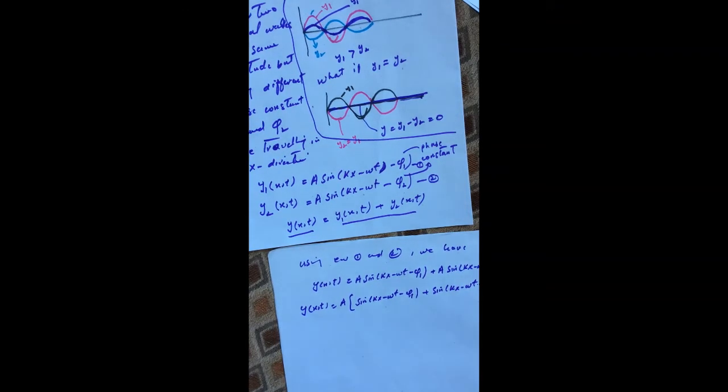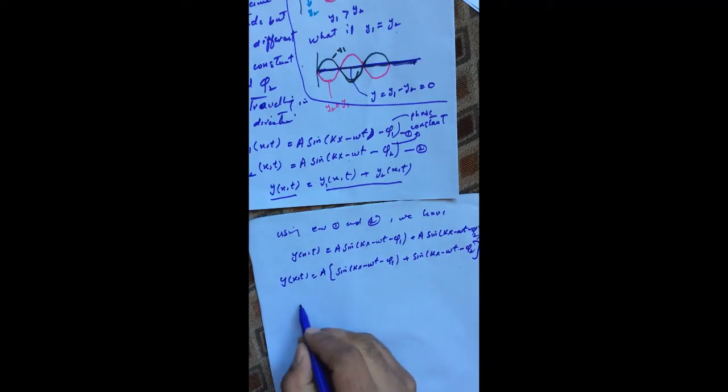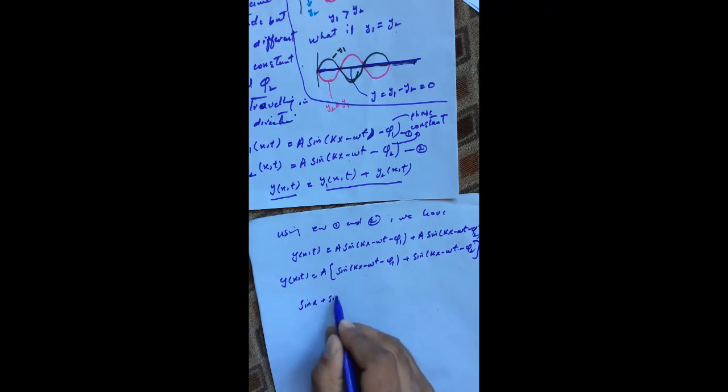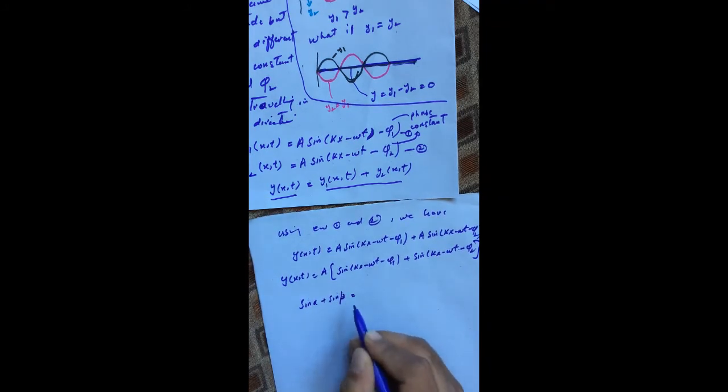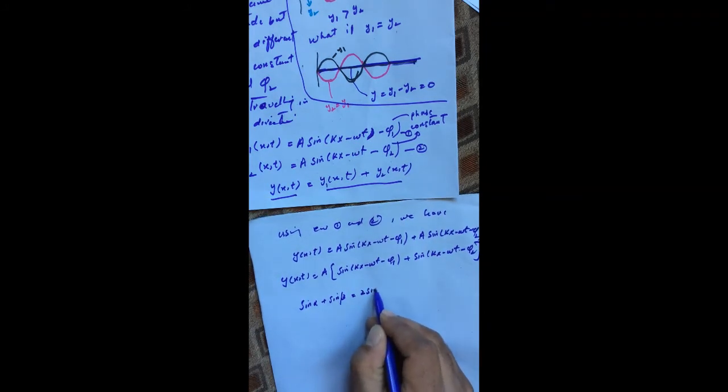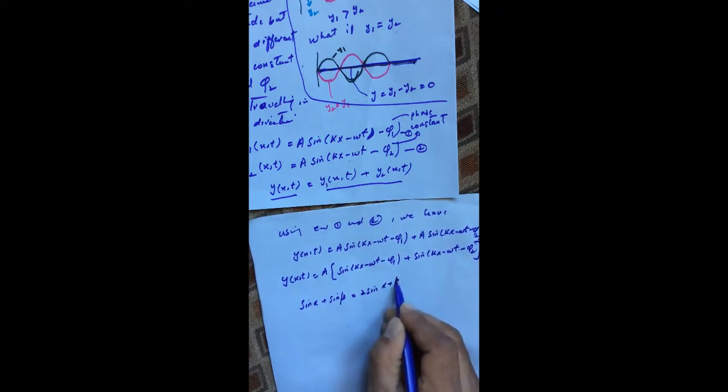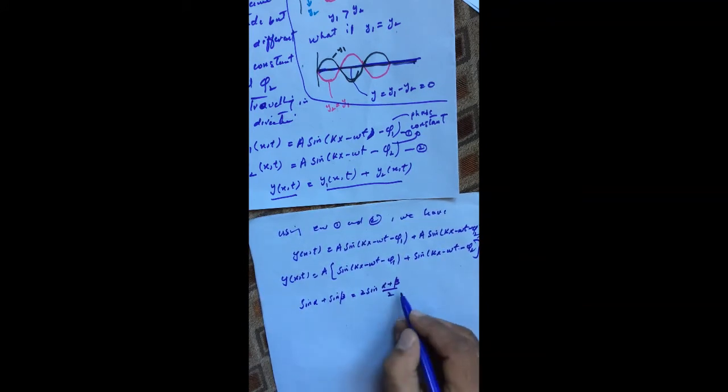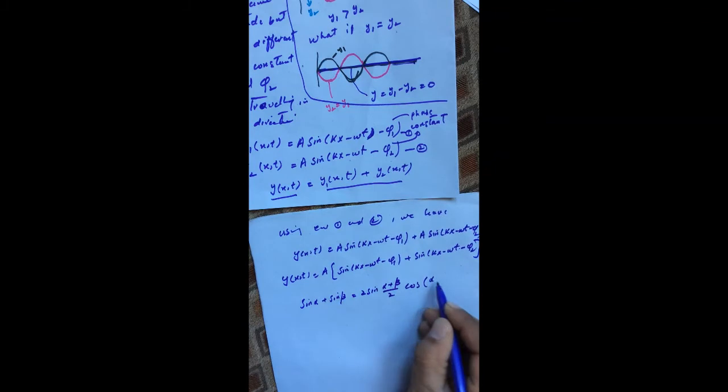Now we have a trigonometric identity: sine alpha plus sine beta is equal to 2 sine of alpha plus beta divided by 2, times cos of alpha minus beta divided by 2.